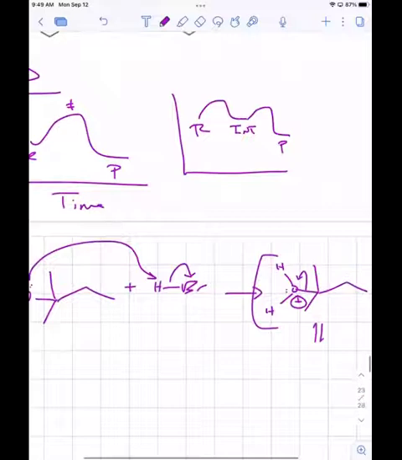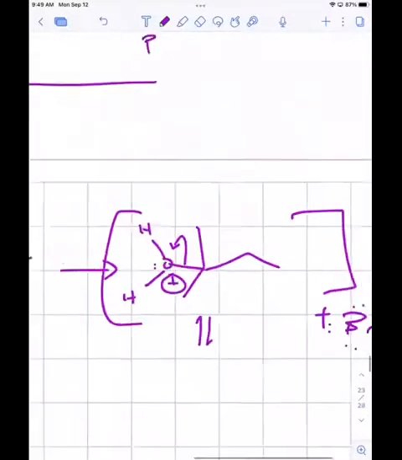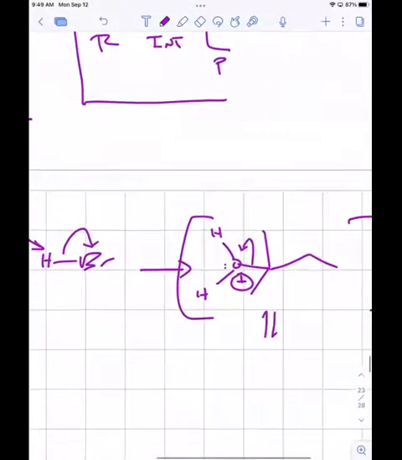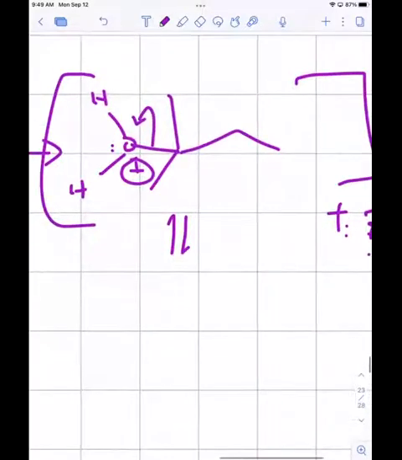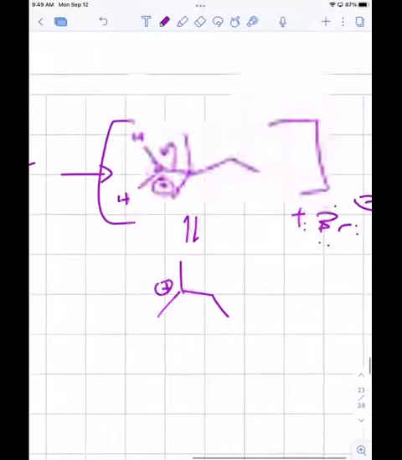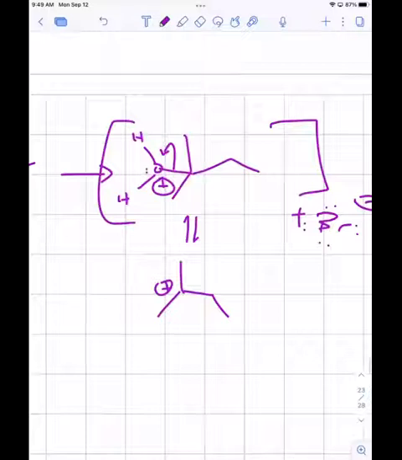Well, that's the first step. The second step is to lose my leaving group and make a carbocation intermediate. So now this intermediate is what's going to get attacked by bromine.